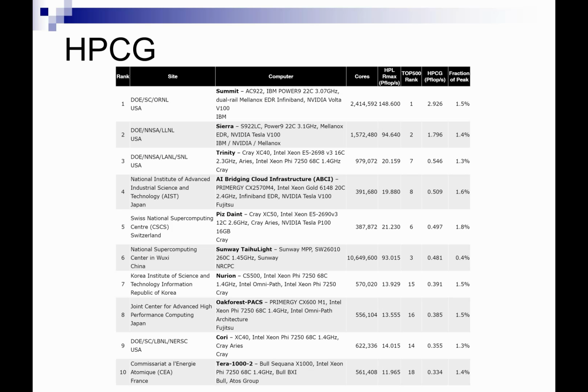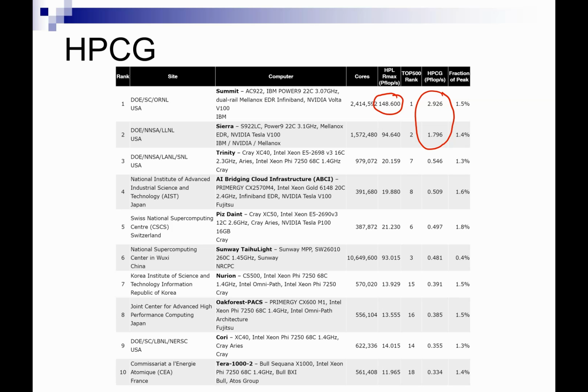However, what's interesting is that remember that the Summit computer got about 150 petaflops of performance on the high performance LINPACK, on the dense matrix operations. But once you move to sparse matrix operations, it's only getting about 3 petaflops. Okay, so that's only about 1.5% of its performance for HPL.